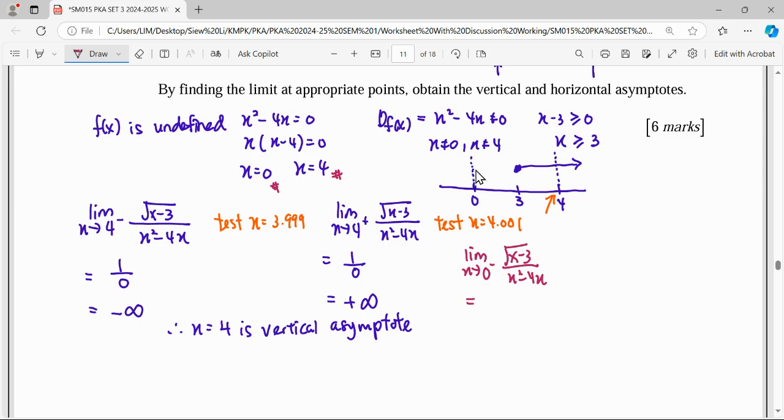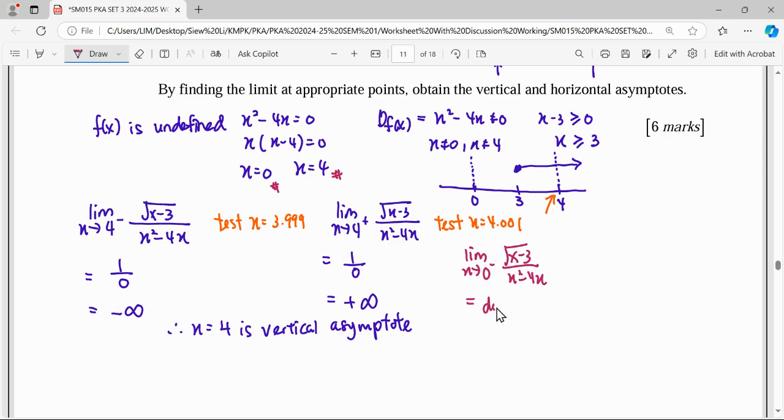Bahagian kosong sini. Can we calculate? Is our function in the domain? Tak ada function pun dalam domain, betul? Domain kita start daripada lebih daripada 3. Tak sama dengan kosong. Tak sama dengan 4. So you nak cari limit area kosong tu ada ke function?